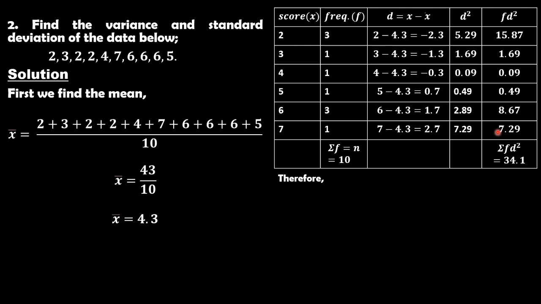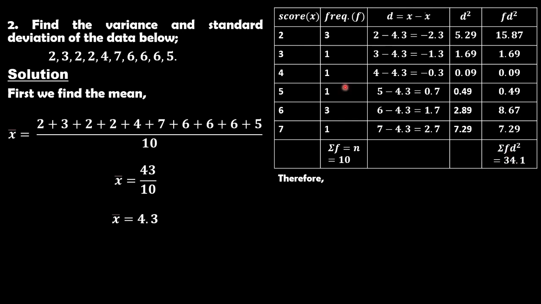So the next thing we do is to sum up all the frequency multiplied by squared deviation. We sum everything under this column, and after we added everything, we arrive at 34.1, which we call summation FD squared.